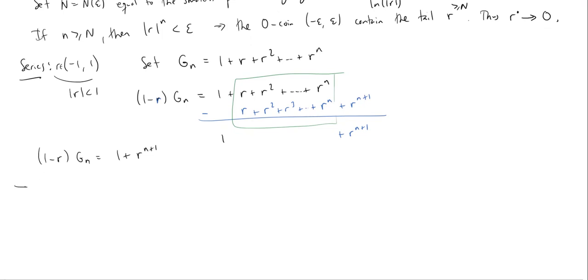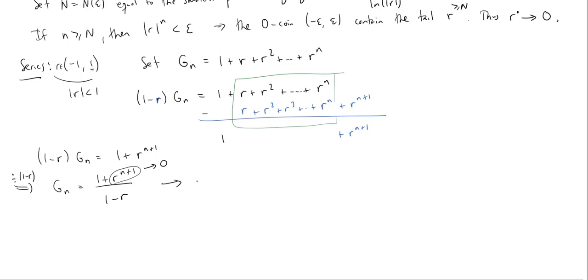Now if I divide by 1 minus r, which makes sense because r does not equal 1, since 1 is not in this interval, so this is not 0, g sub n is 1 minus r to the n plus 1 over 1 minus r. And now, as n goes to infinity, we've already seen that r to the n plus 1 is going to go to 0 as long as r is in exactly this domain. So this bit goes to 0, and the rest of it is just a constant.